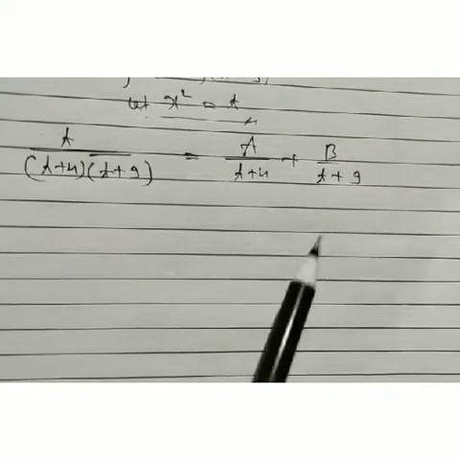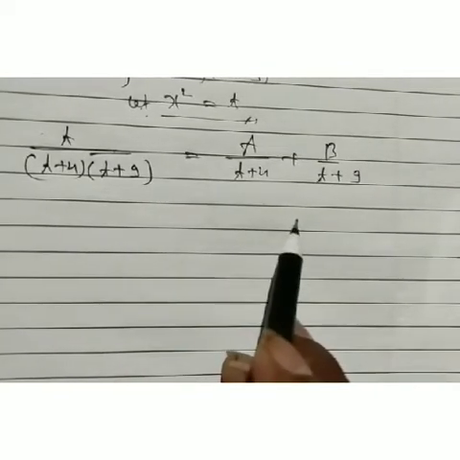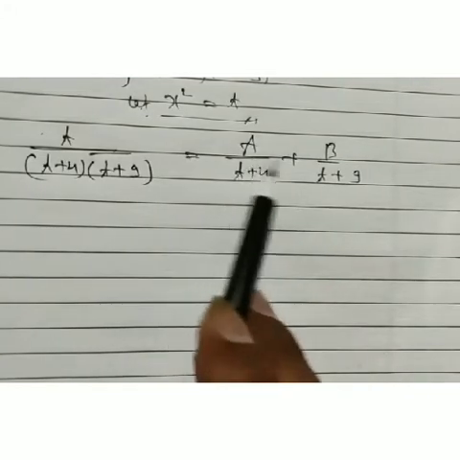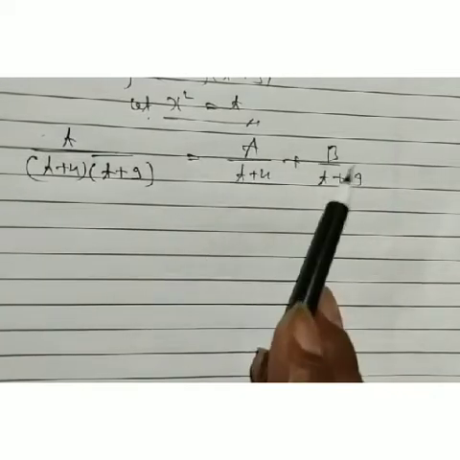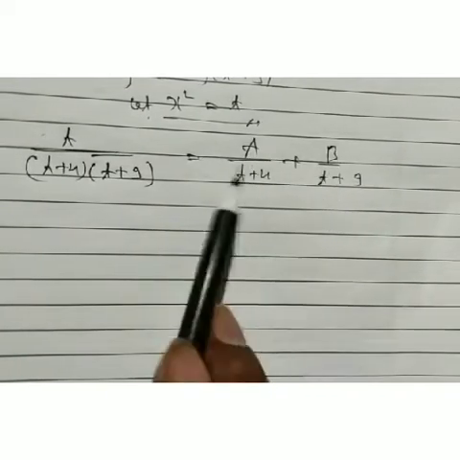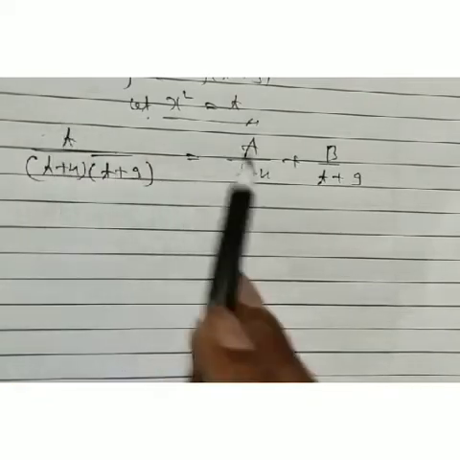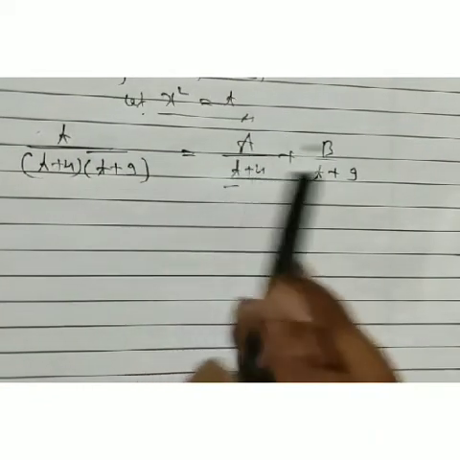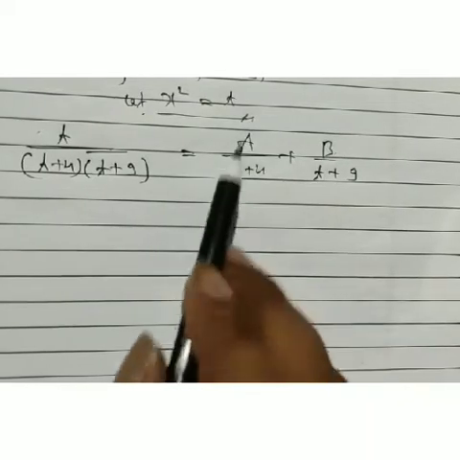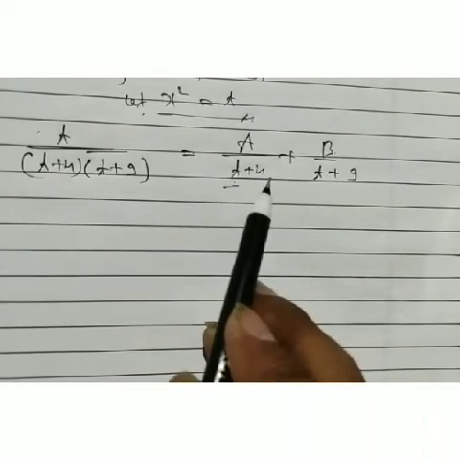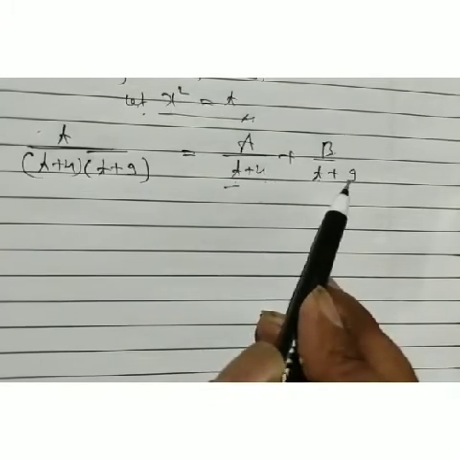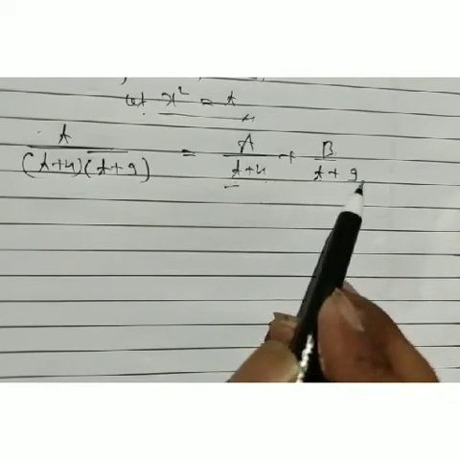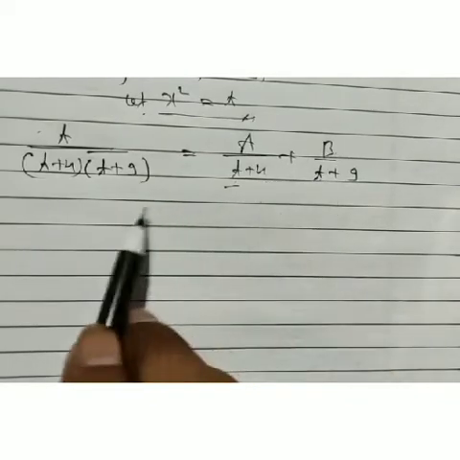Then after that we integrate. When you get the values of a and b, you put them here with x square plus 4 and x square plus 9. Then you use the formula for x square plus a square. Here also the x square plus a square formula applies, and then you get the values of the integral.